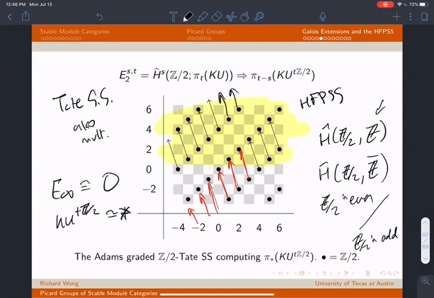So that's good. And what's even better is that not only do these computations allow us to show that it's a Galois extension of ring spectra, it also helps us in computing the Picard group through Galois descent.